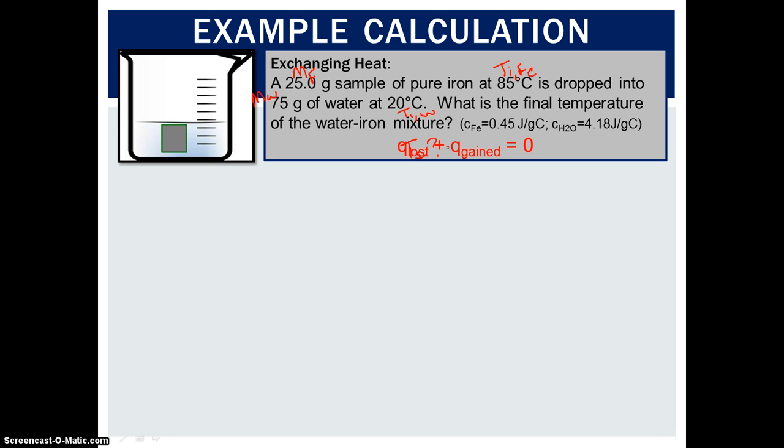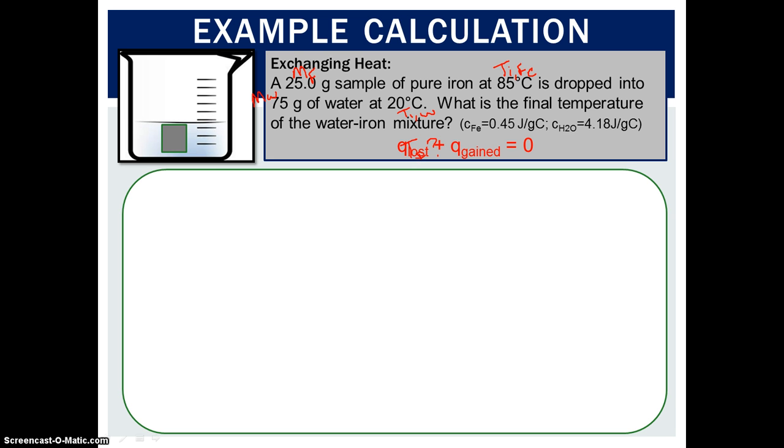Remember our equation, Q lost plus Q gained equals 0. Well, the first step is deciding which one's going to gain and which one is going to lose. So the one that is losing energy, well, that's definitely iron, because it's starting at the higher temperature. Energy always goes from hot to cold.